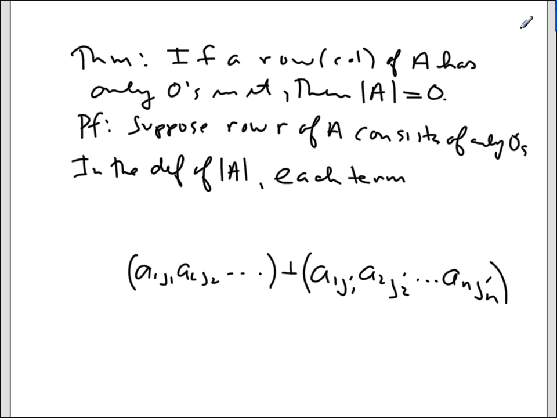That's the second term, plus the third term, plus the fourth term, up to the nth one.